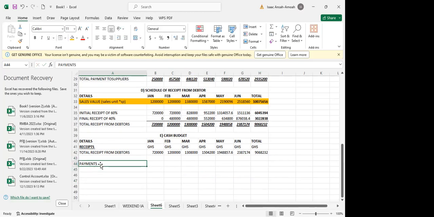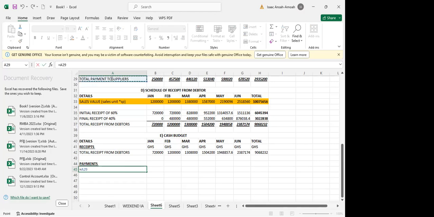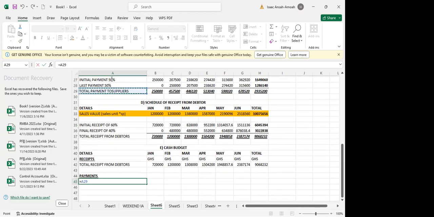We made payment to suppliers, right? So we can bring it here. I'm going to bring down the payment that we made to suppliers. So I'm going back to the schedule of payment to suppliers, and then we'll bring the payment down here.